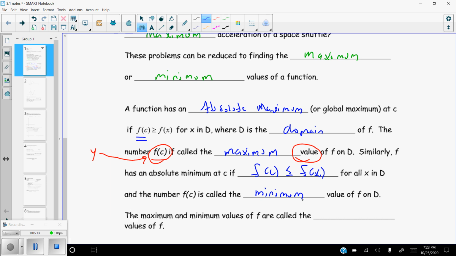In the minimum, f of C, the one that you're looking for, is less than or equal to all other possible f of x values, which means it would be the absolute minimum.